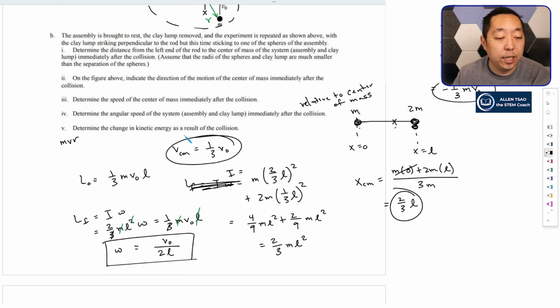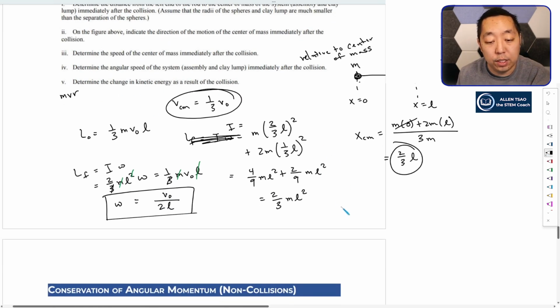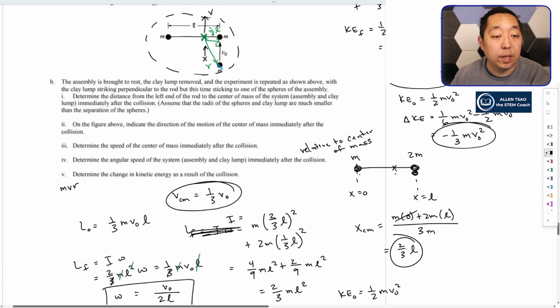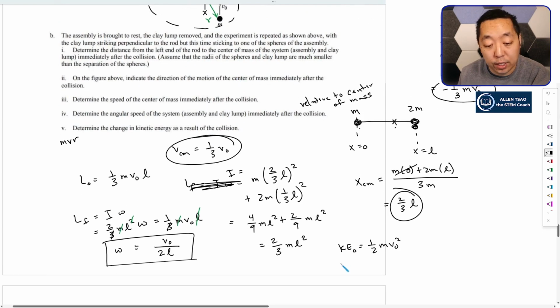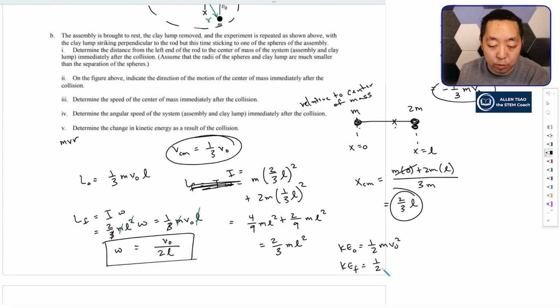Determine the change in kinetic energy as the result of the collision. Well, the initial kinetic energy is 1/2 mv0 squared. Now the final kinetic energy is both spinning and moving in linear motion. So 1/2 times the 3m, moving at v0 over 3 squared.